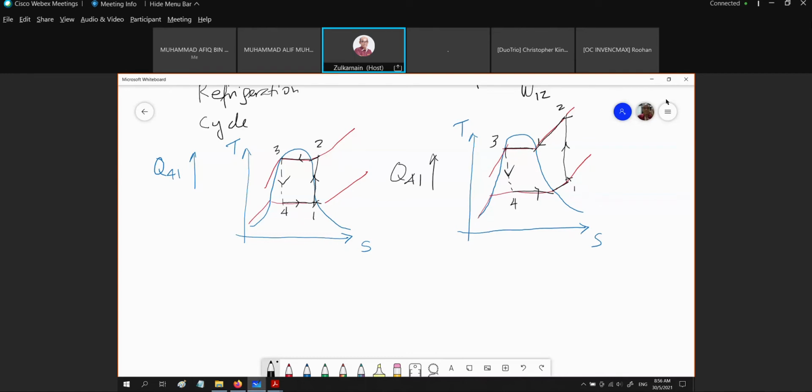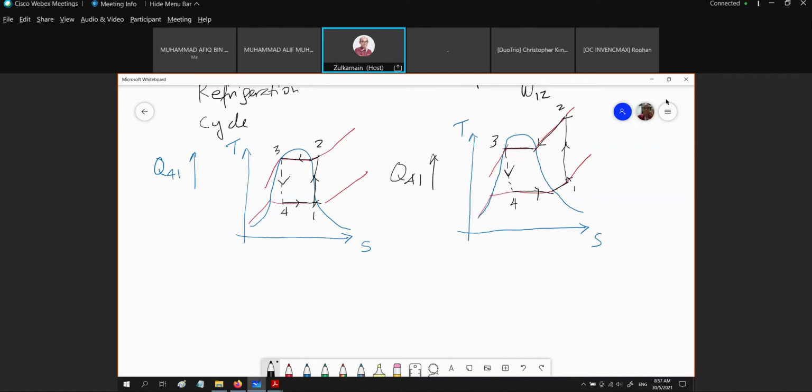W turbine is H2 minus H1, Q condenser is H2 minus H3, H3 equals H4, and then Q absorb, also known as the cooling effect or the refrigeration effect, is H1 minus H4.